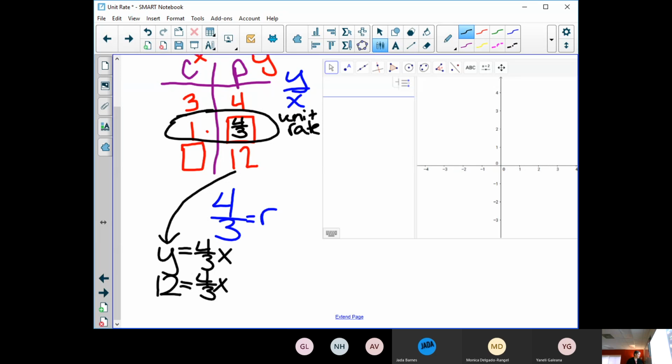And remember yesterday, we talked about how 4/3 x is the same as taking 4/3 times x.